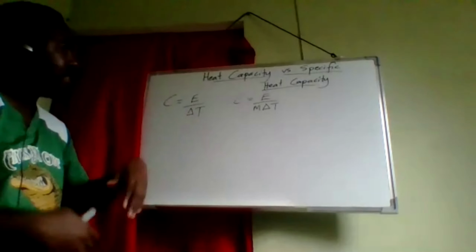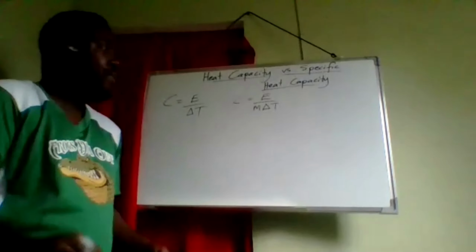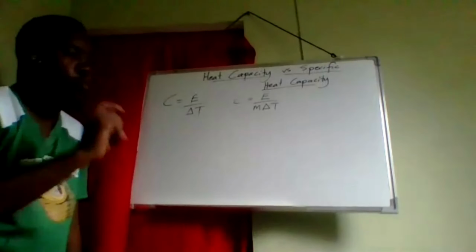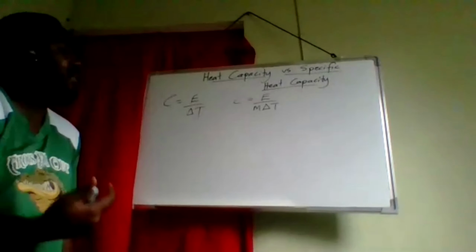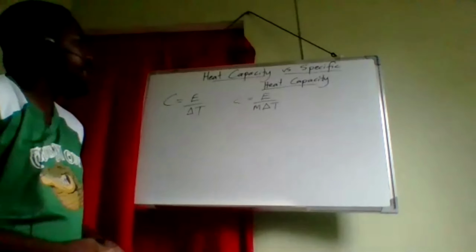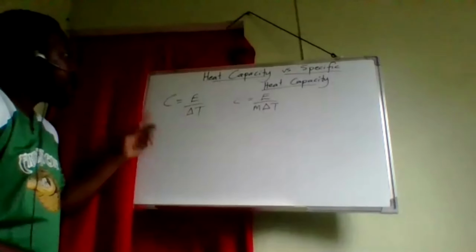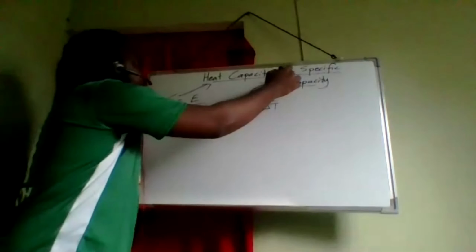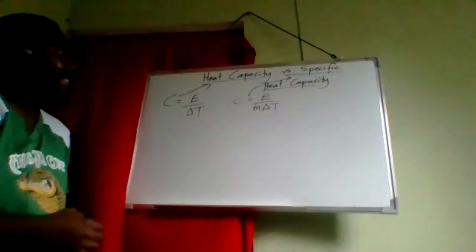So heat capacity is any amount that you have, while specific heat capacity is only concerned with just 1 kilogram of that substance. So that's the main difference. The heat capacity is a capital C, specific heat capacity is a common c.